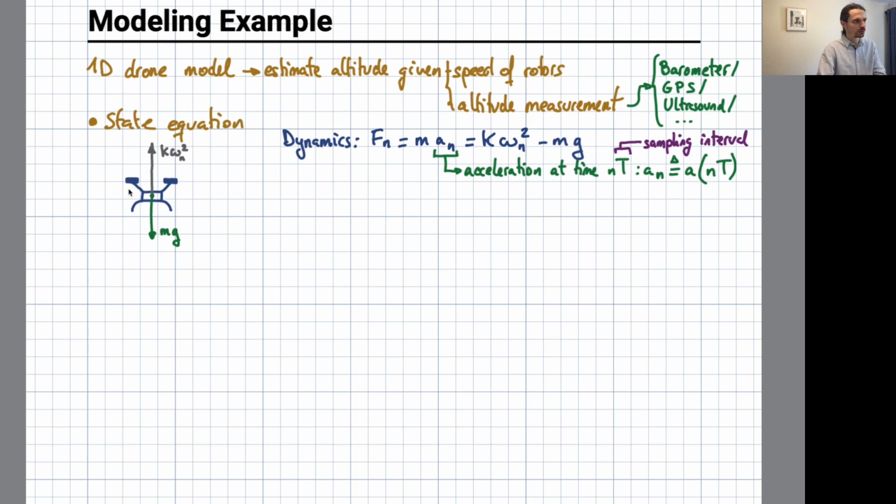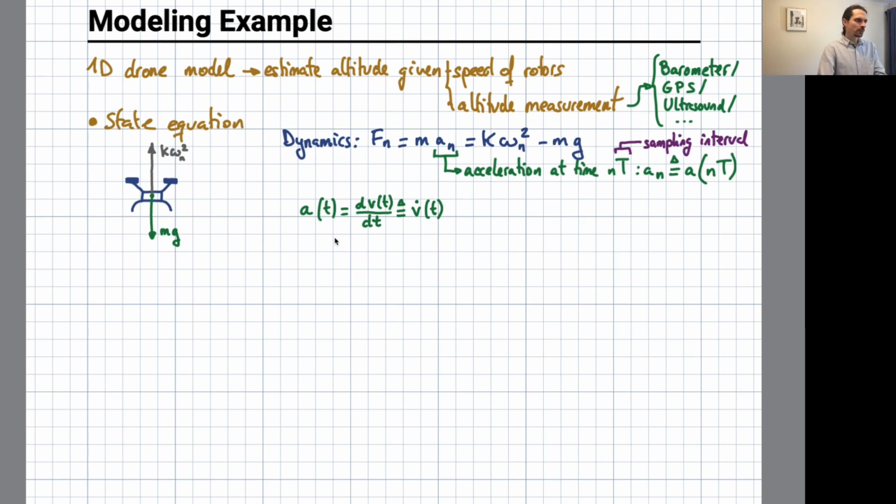It is known to the drone. And on the other hand, we have a force in the opposite direction, which is the weight. It's mass times the acceleration due to gravity.